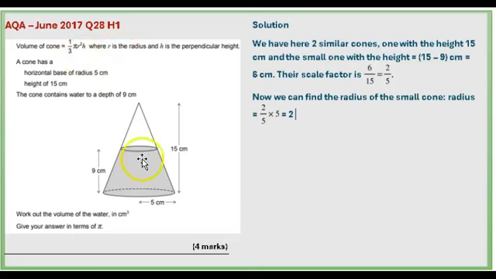To find the volume of the water, we are going to find the volume of the big cone, the volume of the small cone, and take the difference. And we are going to get the volume of the gray part, which is the volume of the water in the cone.